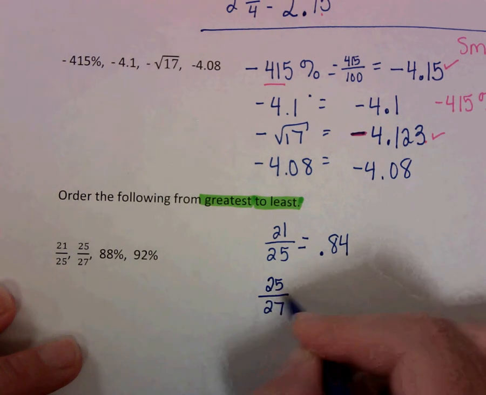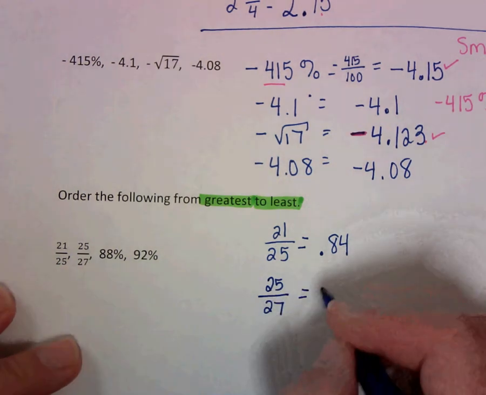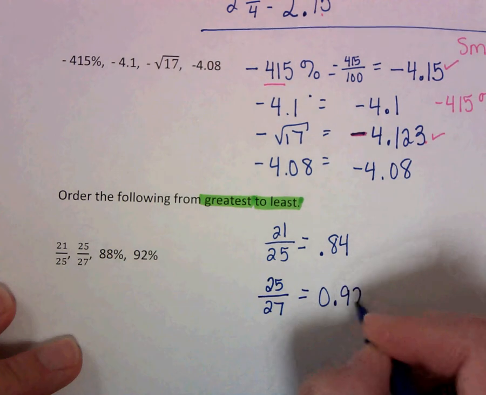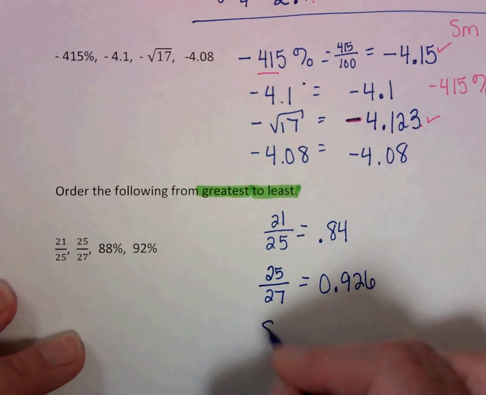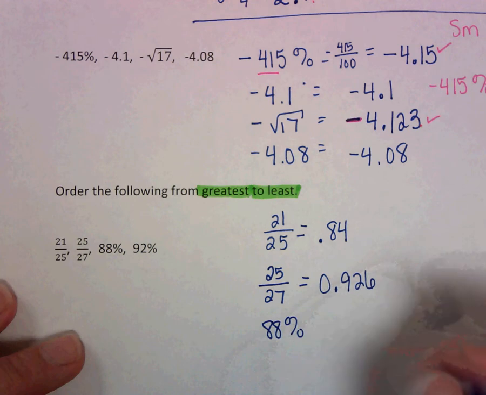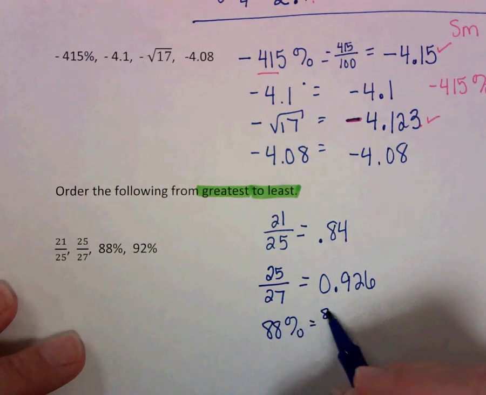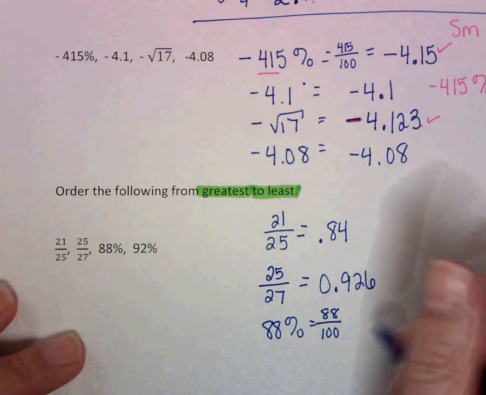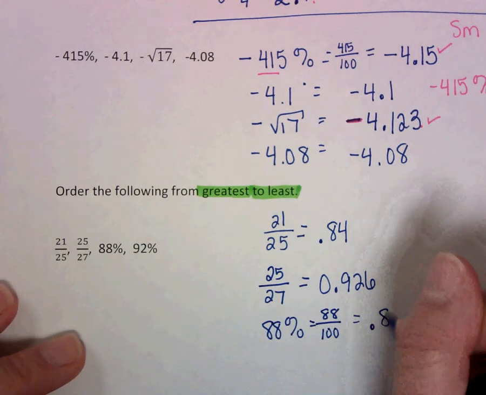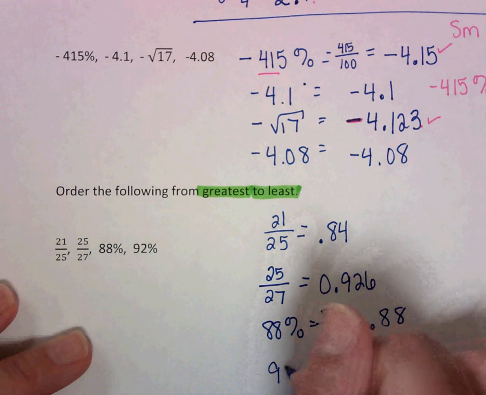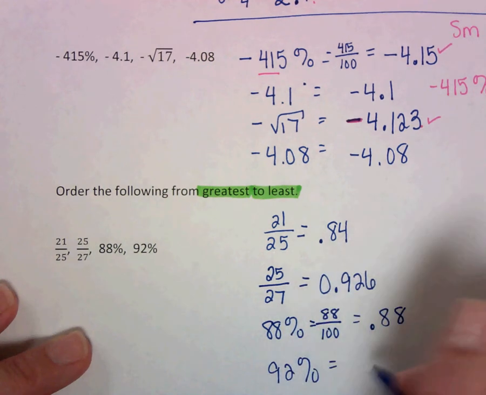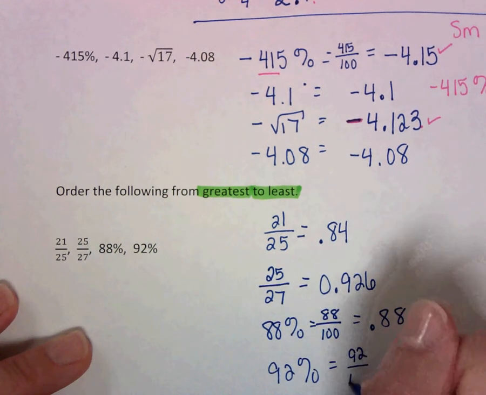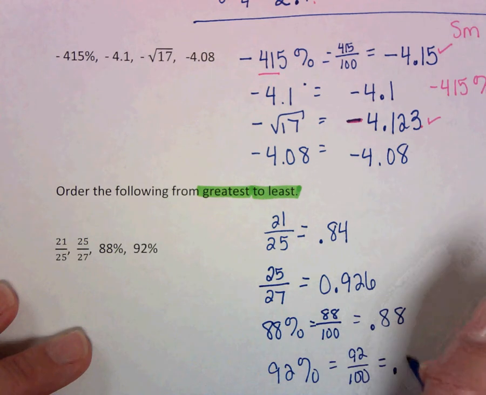Again, this means to divide. If we put that in our calculator, you should get 0.926. 88%. If you don't remember how to change this to a decimal, you can do 88 out of 100, which is 0.88. And 92%, 92 out of 100, or 0.92.